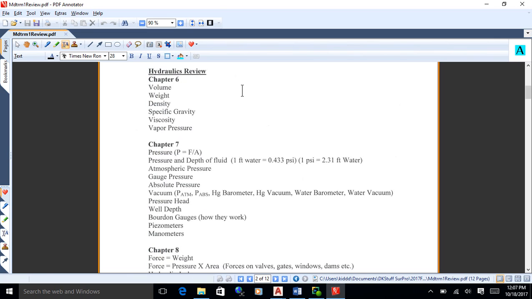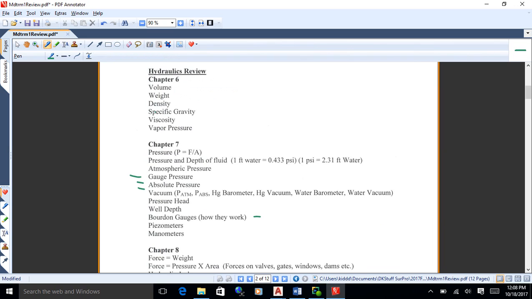So you want to be familiar with that, so have a look at it, okay? And then we did atmospheric pressure, and remember those conversions between different types of pressure for a vacuum, okay? So we did that. So we did gauge and absolute pressure, and then we did vacuum measurements. So those all kind of relate to atmospheric pressure a little bit.